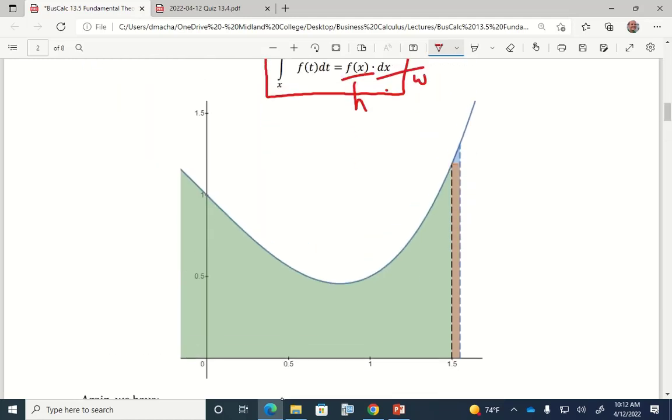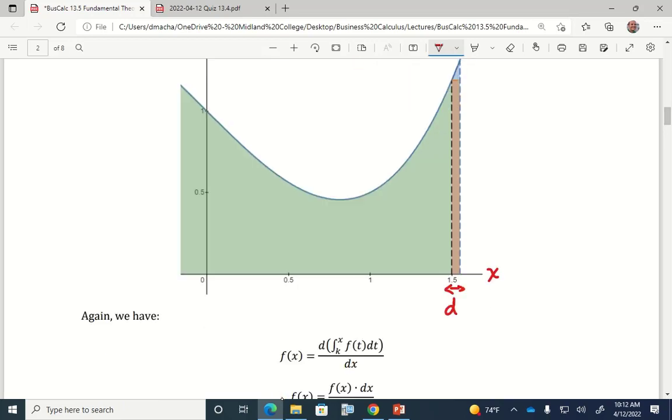And to sort of visualize this, the width of this little orange rectangle is in the x direction. So I talk about that width as being a small change in x. So I'll call it dx for the width of this rectangle.